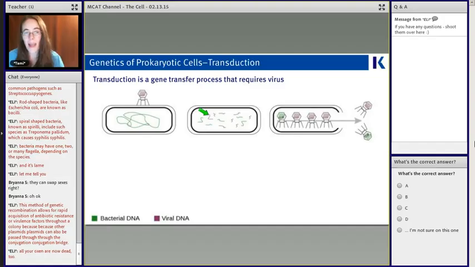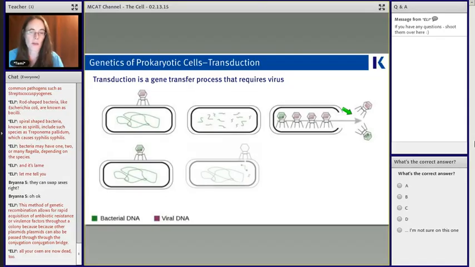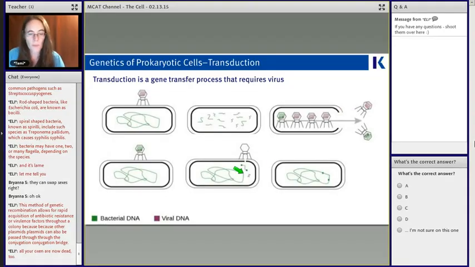That happens in the lysogenic stage, where you don't see it. Then in the lytic stage, once we start making all of this replication, we lyse and release, and it goes to other cells and can integrate DNA into those cells as well.